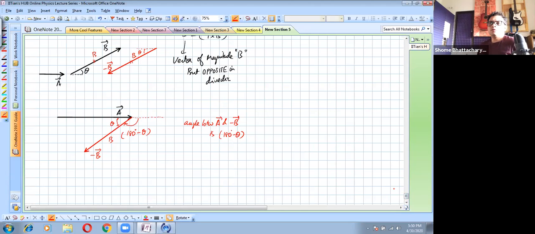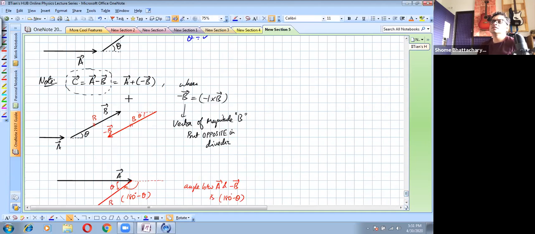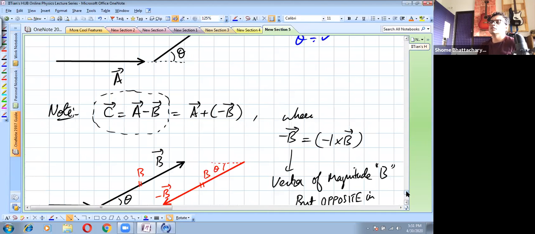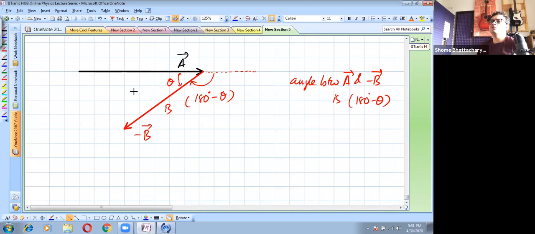Okay, so now back to this, what we are trying to do next is find the vector C. So what is the vector C? It is the sum of A and minus B. So in this diagram, we want to find the vector C, which will be this one.